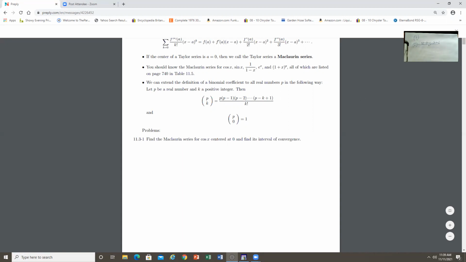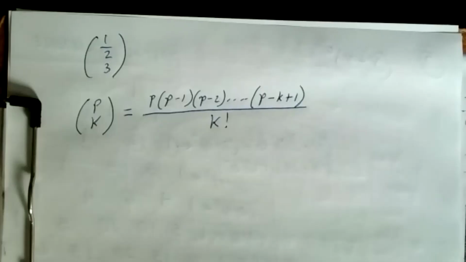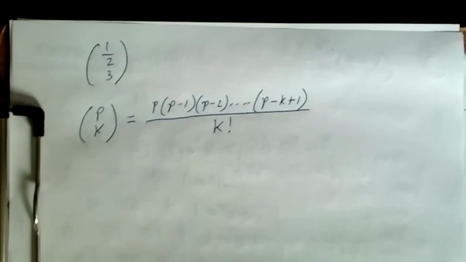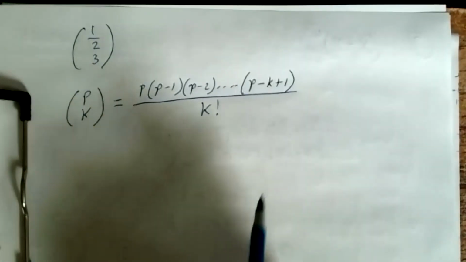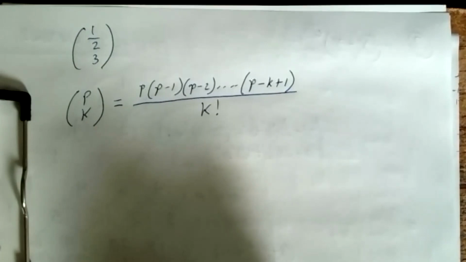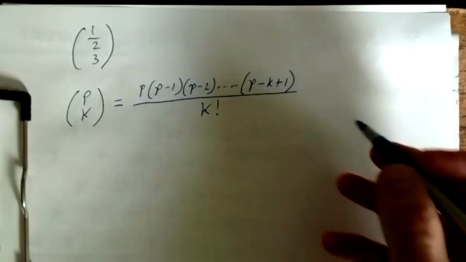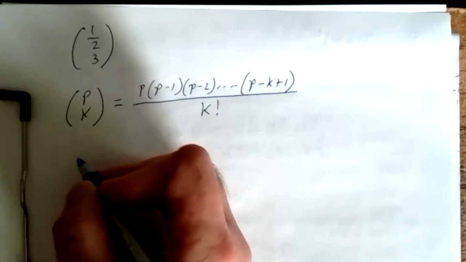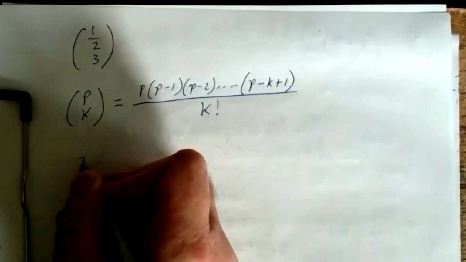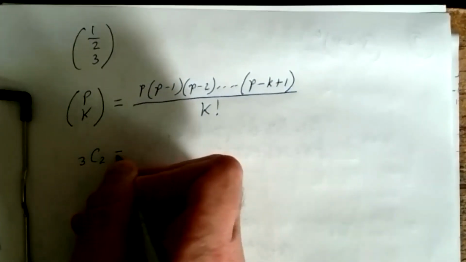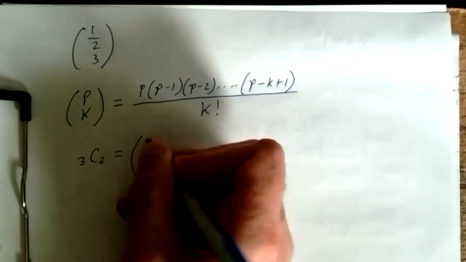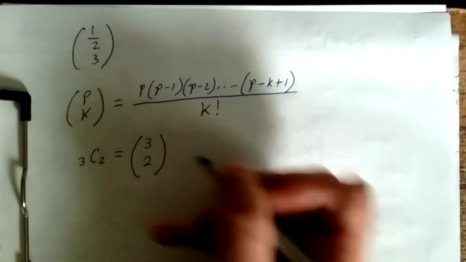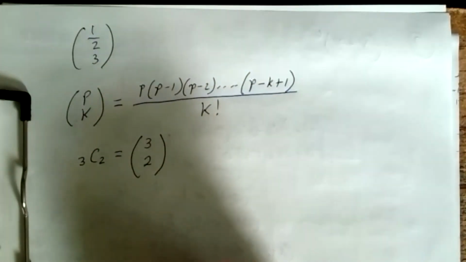Okay. All right, so let's try to use this formula here to see how we would generate 1/2 in combination with 3 here. Just to see how this formula works, let's try a simple problem that we know the answer to. For instance, let's say I want to evaluate 3 in combination with 2, which would be written this way here, correct? 3 in combination with 2.